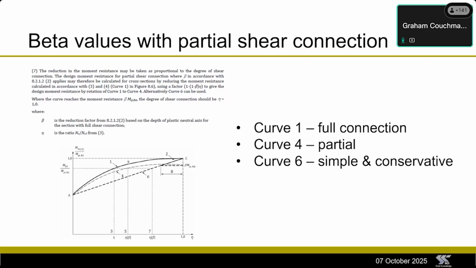A conservative way of considering partial interaction is to take the straight line, which is number 6, between the two. And a change in generation 2 is that if you have this beta factor coming in, because you've got a slightly weird proportion of beam, then it caps the moment resistance as beta times MPLRD.